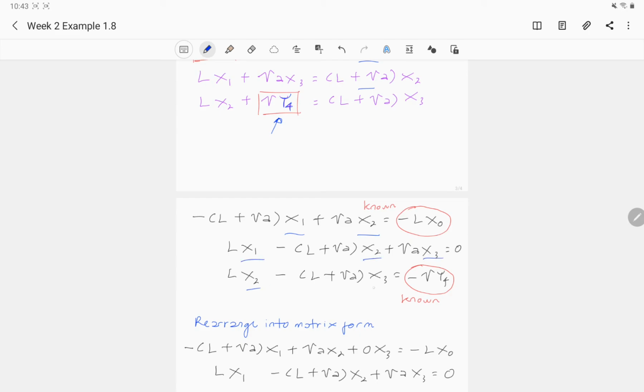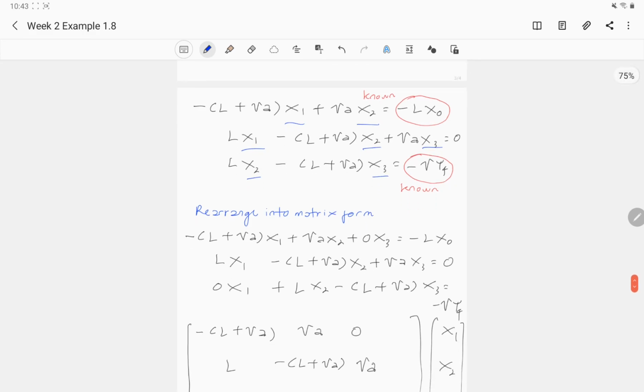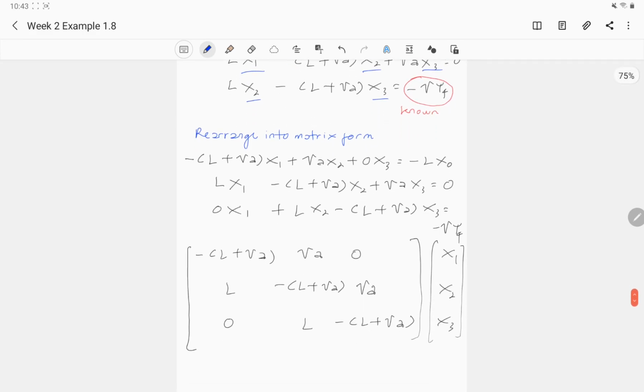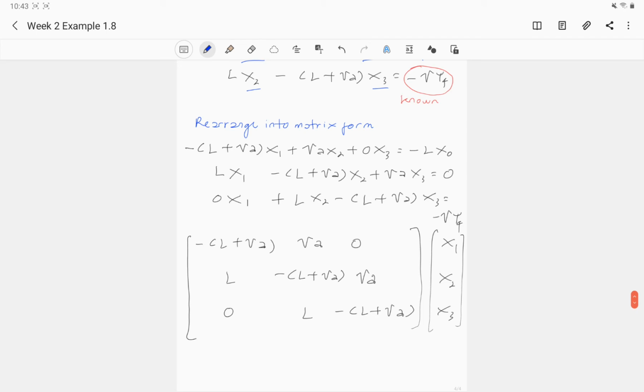Then we can rearrange them into the matrix form. Note that you have X1, X2, X3, X1, X2, X3, X1, X2, X3 on the left hand side, and the right hand side is the one that is basically known.